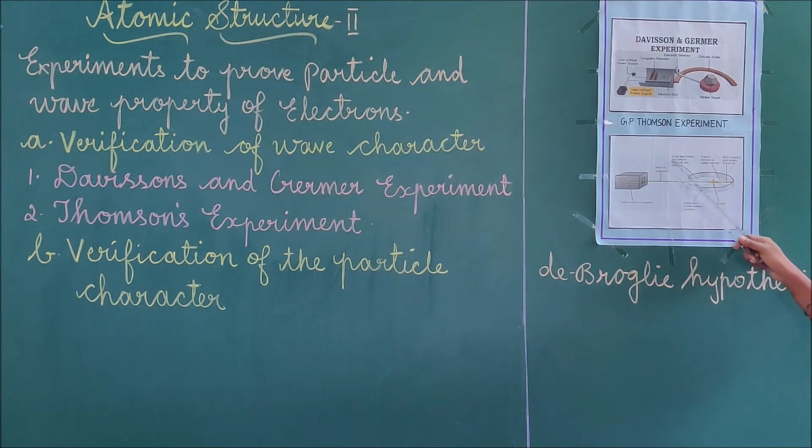Here, a few alpha particles are slightly deflected, and most alpha particles pass through the foil.